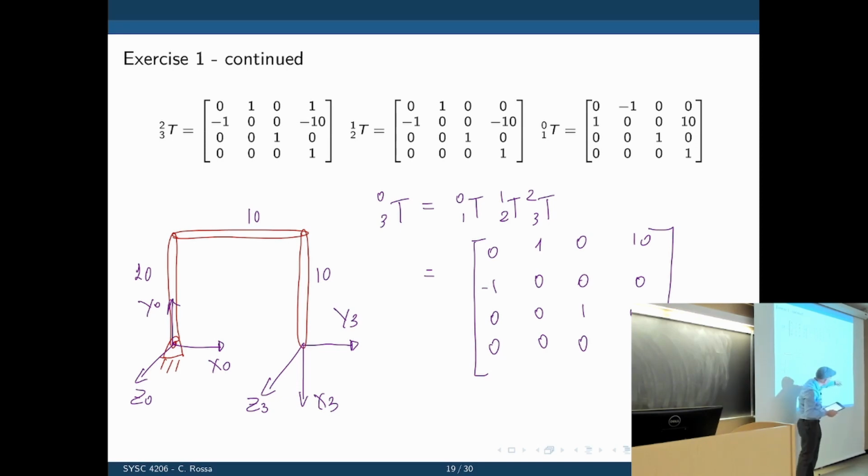Now look at the transformation. Here we are. And we define x0 as the one pointing that way. Yes, well, this was the first step we did. If you're following the steps, it's the same exercise as before.